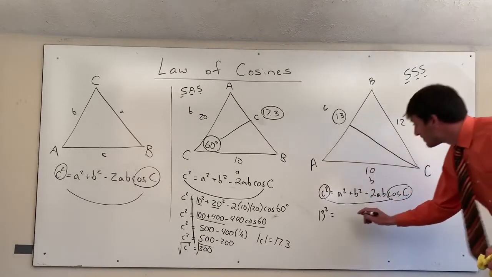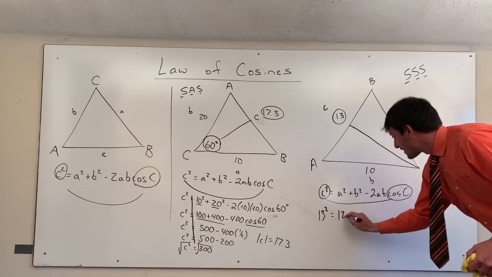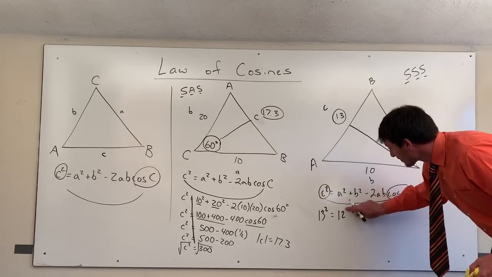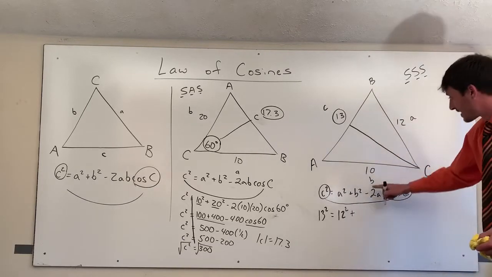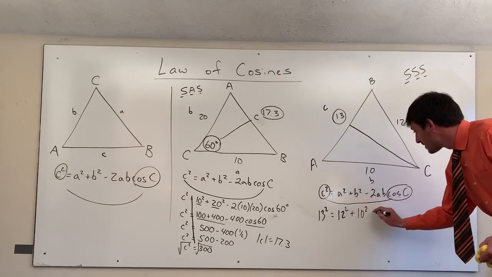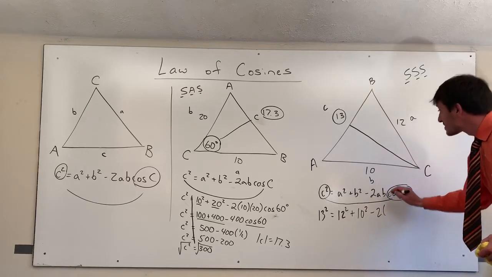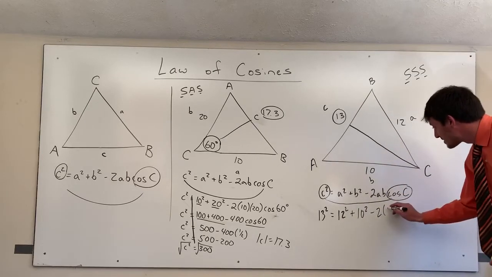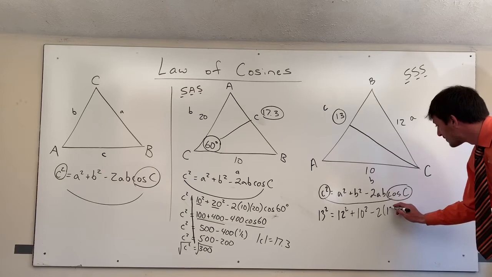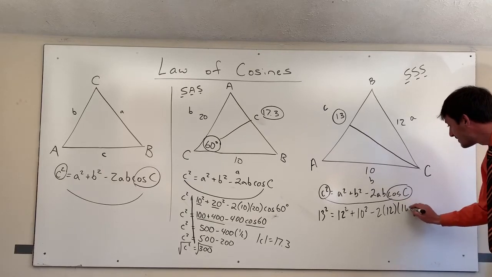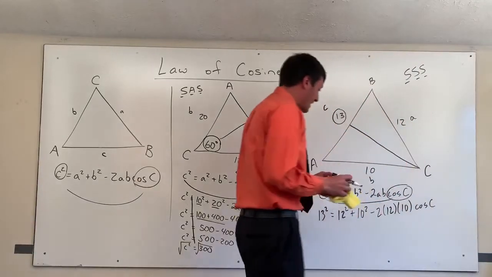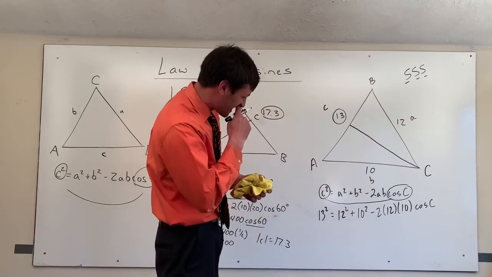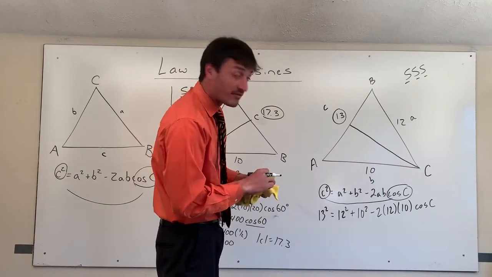A, which is 12, so we have 12 squared plus B, side length B is 10 squared minus 2 times A times B. No, 12 is A. 12 times 10 times the cosine of angle C.